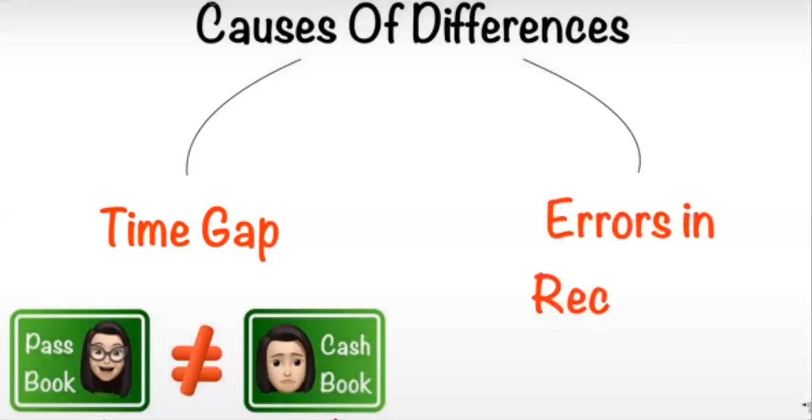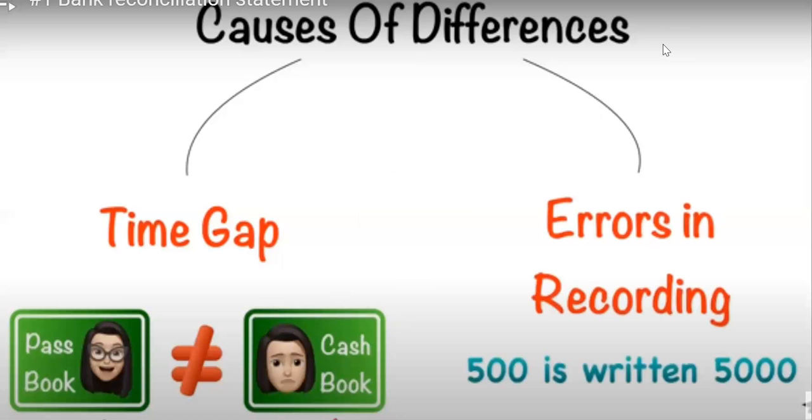And the second one is error in recording. For error in recording, for example, instead of 500, you have written 5,000. How to rectify this error in recording under the head of bank reconciliation statement?